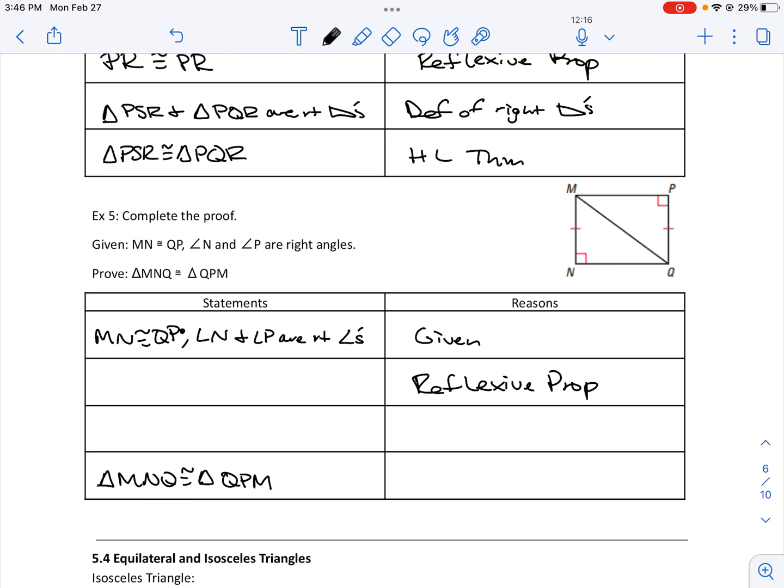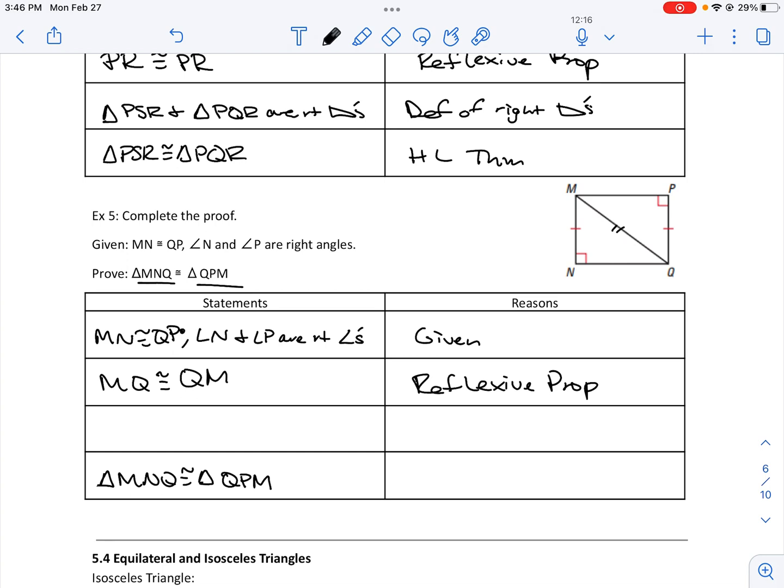So reflexive property, MQ, and looking at my lettering here, lettering does switch, just to make sure that we have our letters correct. So right now we have a leg congruent with MN and PQ.